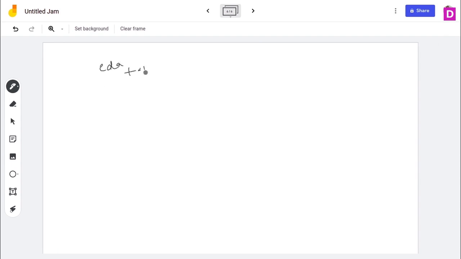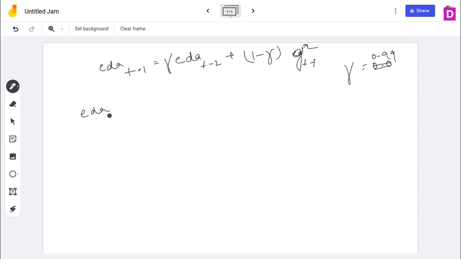EGt minus 1 equals gamma times EGt minus 2 plus 1 minus gamma times Gt minus 1 whole square. So let us suppose our gamma is 0.99, right? So we have EGt minus 1, which would be equal to 0.01 of Gt minus 1 square plus 0.99 of EGt minus 2.